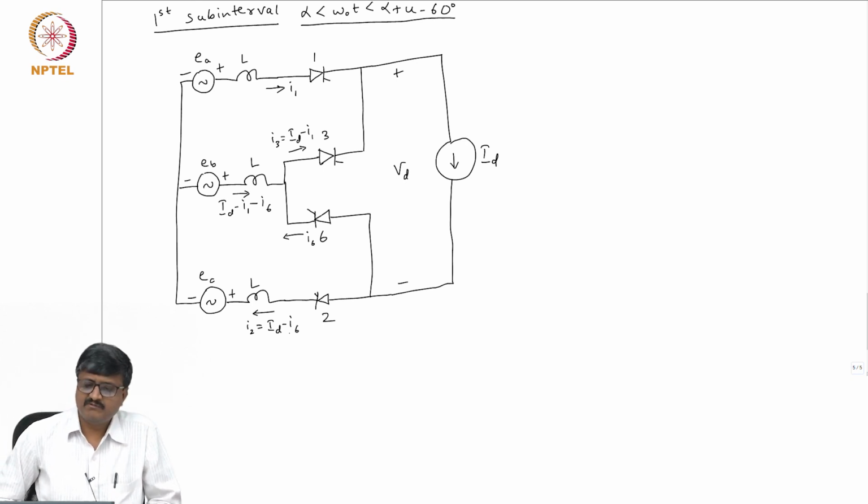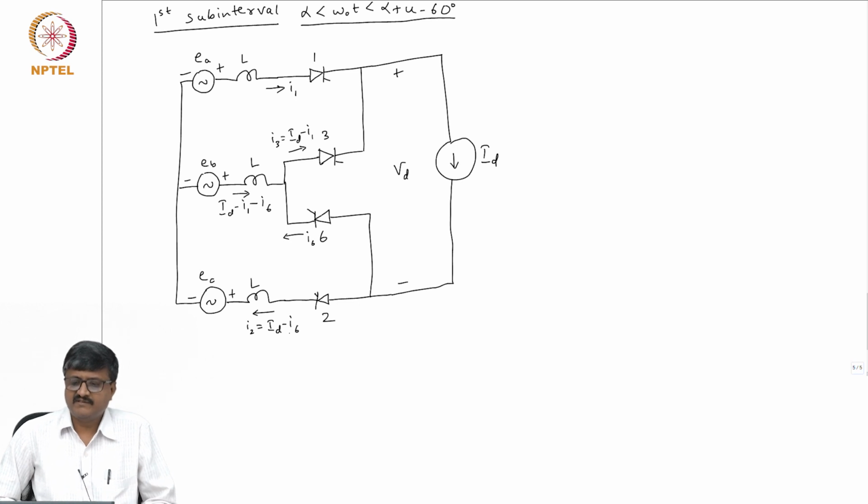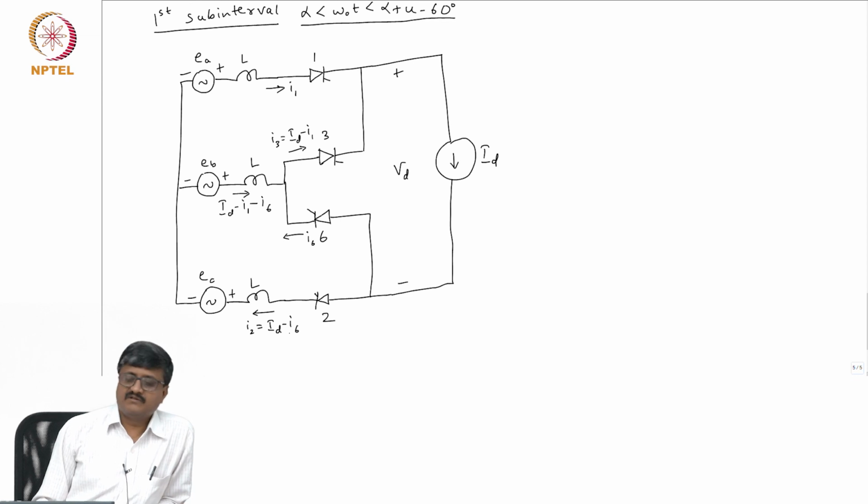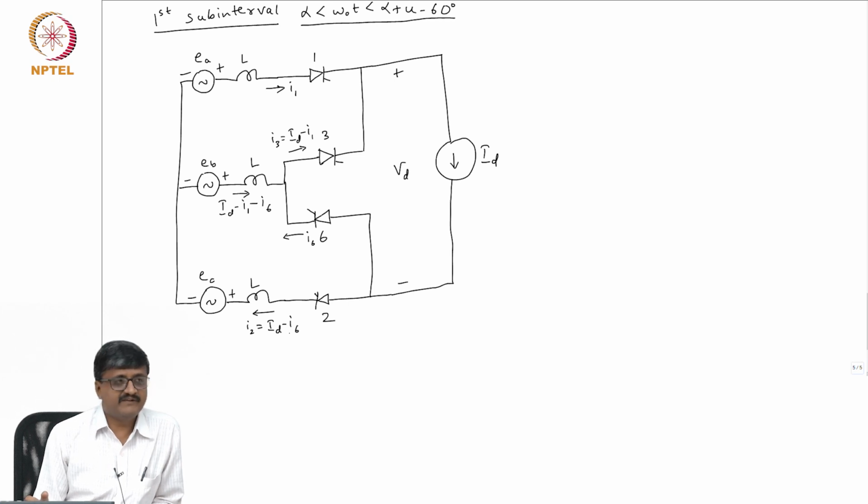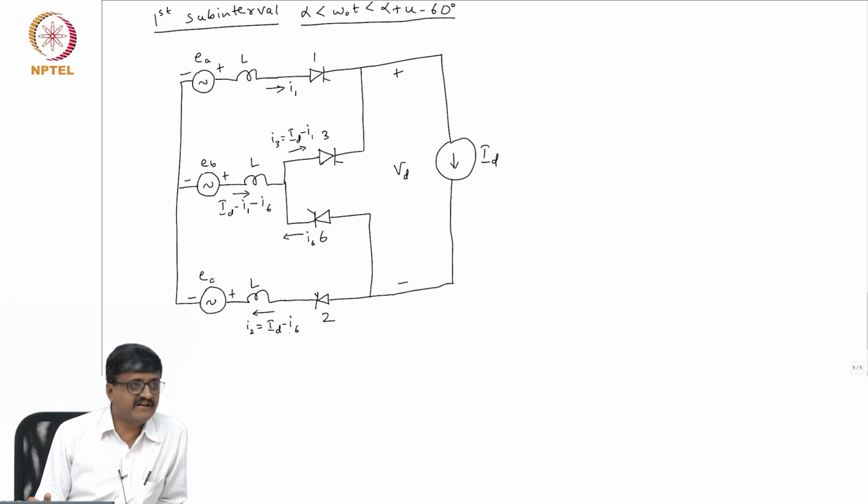So, this is the first subinterval. Now, let us try to solve for the currents. I can use mesh analysis. So, how many loops are there? If I want to solve for the currents, given the voltage sources EA, EB, EC and given the current ID, I want to solve for the remaining quantities. So, mesh analysis is appropriate, that means apply Kirchhoff's voltage law to the loops.